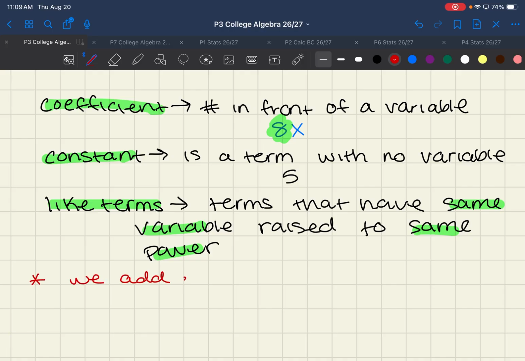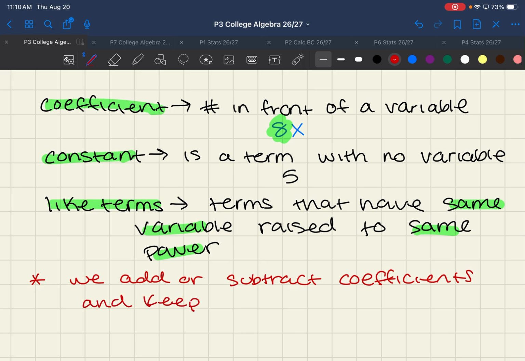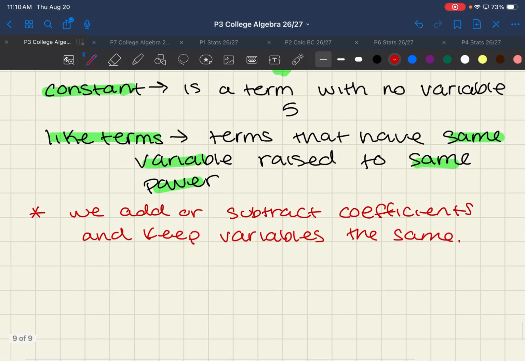We add or subtract the coefficients and keep variables the same.